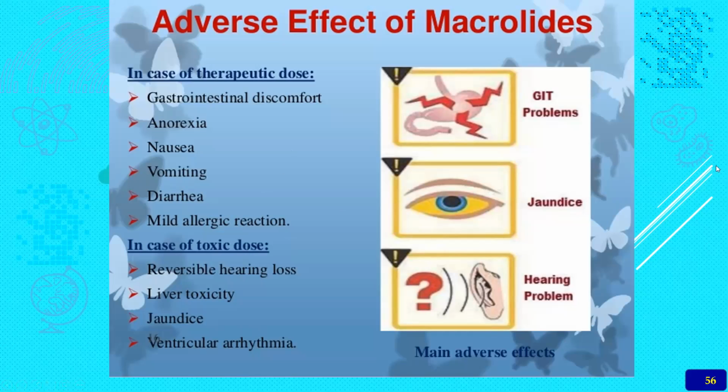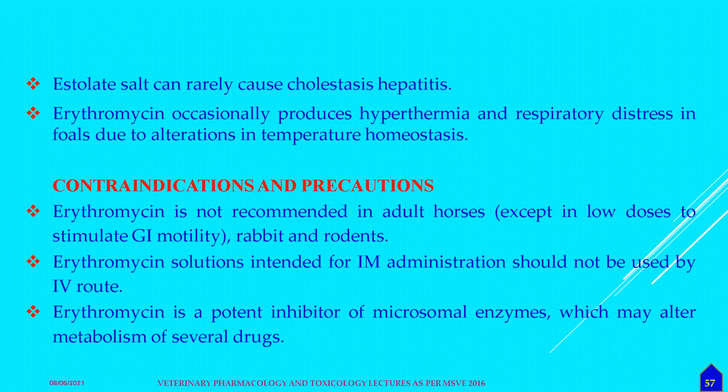In the case of toxic doses, if by chance you have administered a high quantity of macrolides, then it may cause reversible hearing loss, just like the aminoglycosides. Aminoglycosides cause severe ototoxicity, whereas these cause reversible ototoxicity. And sometimes hepatotoxicity, and sometimes cardiac problems, especially ventricular arrhythmia.